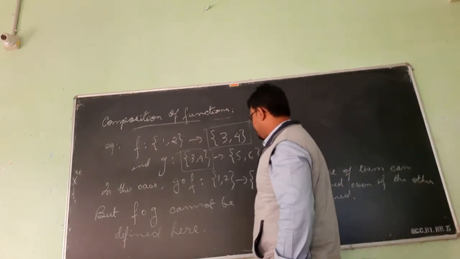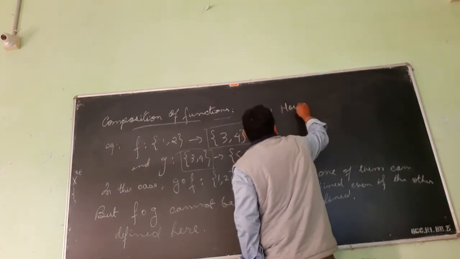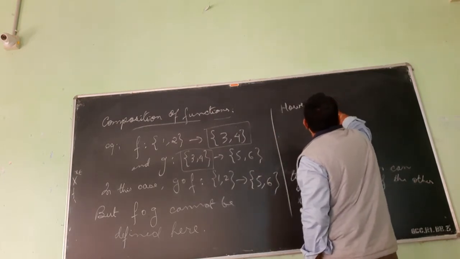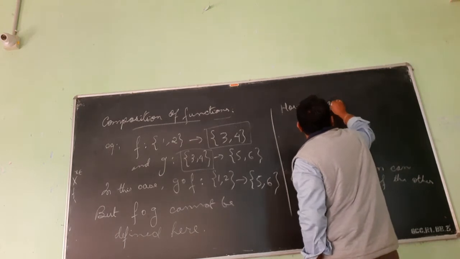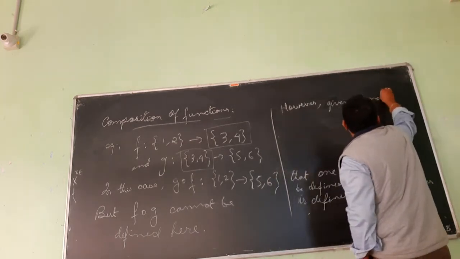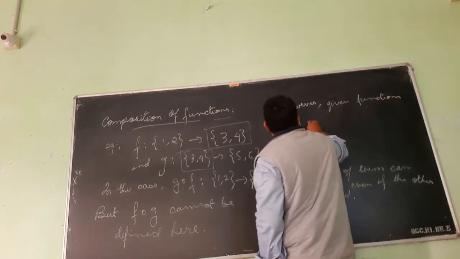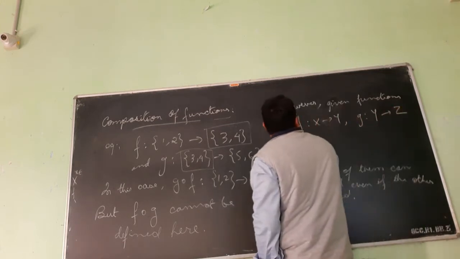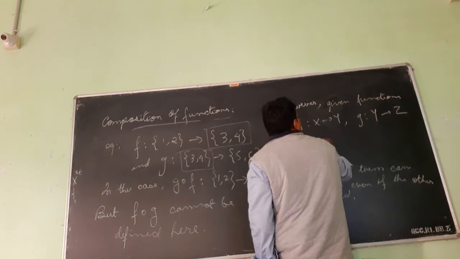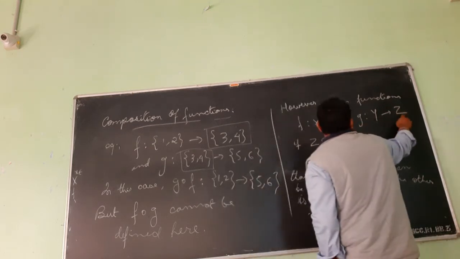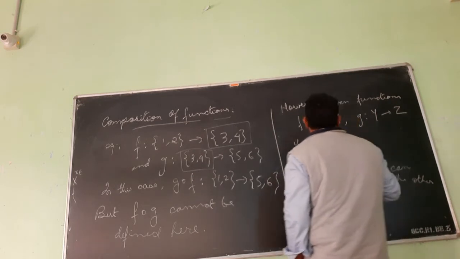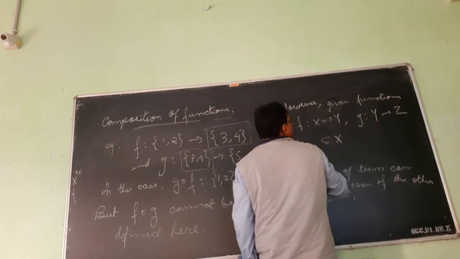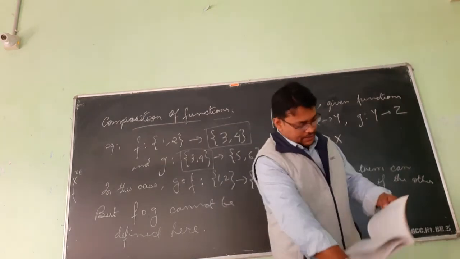However, take f from X to Y and g from Y to Z. If Z is a subset of X, or rather, if the range of g is a subset of X, then we can define it.